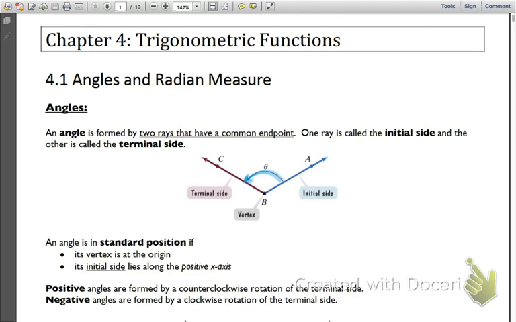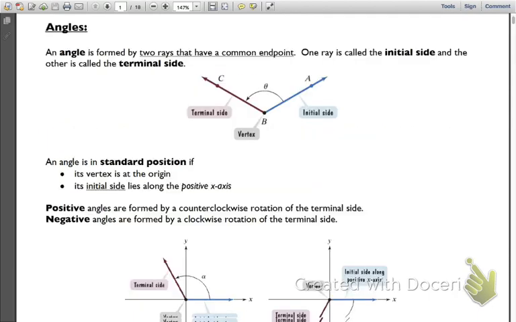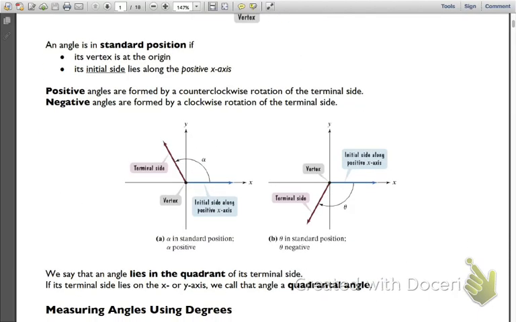Now, the next part talks about positive and negative angles. Again, we always think about leaving from a coordinate system, the Cartesian plane where you have an x and a y axis. So we always start on the x-axis. It's kind of backwards from what you probably think, because if we move in a counterclockwise motion, we're going to open it up and make it positive.